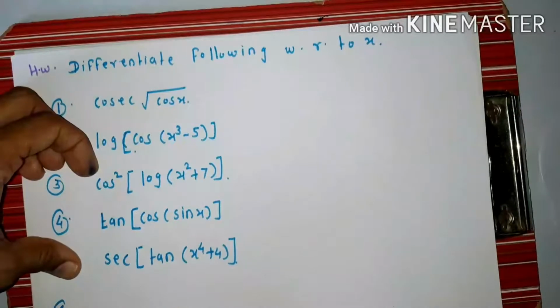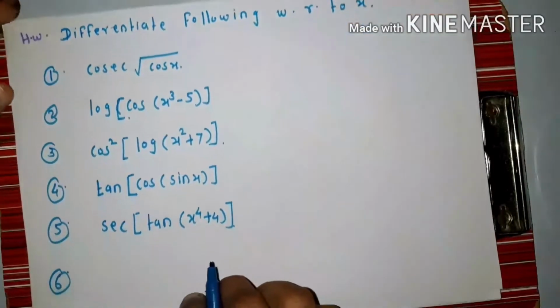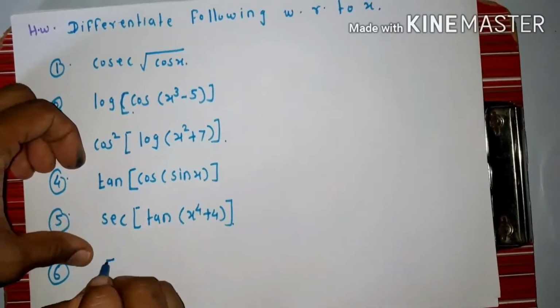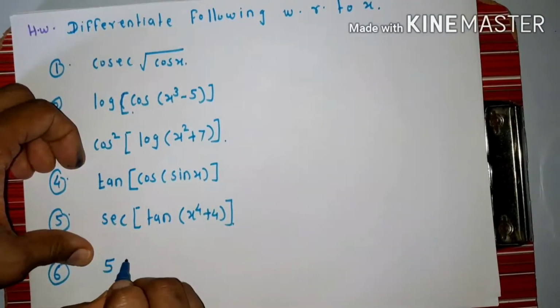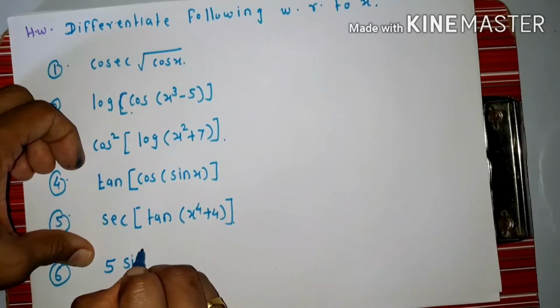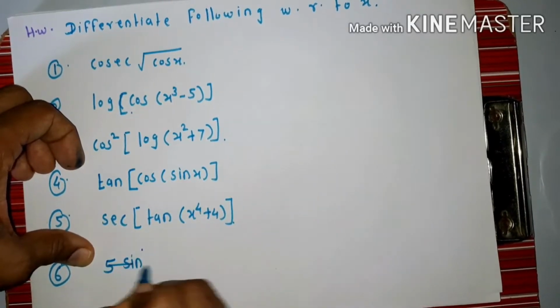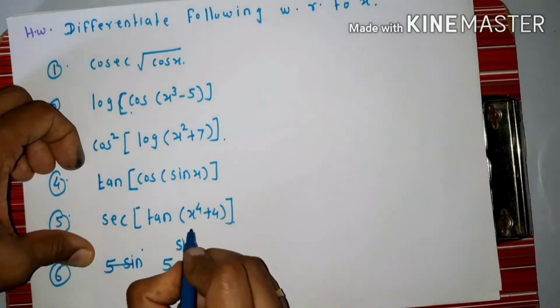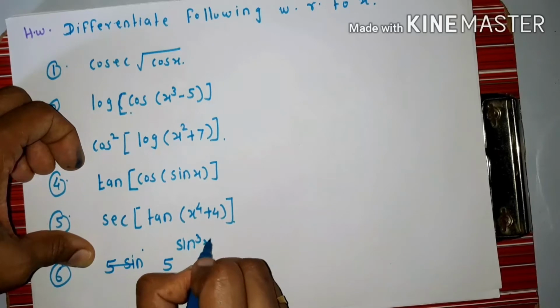Sixth one: e raised to sin raised to e raised to sin cube x plus 3.